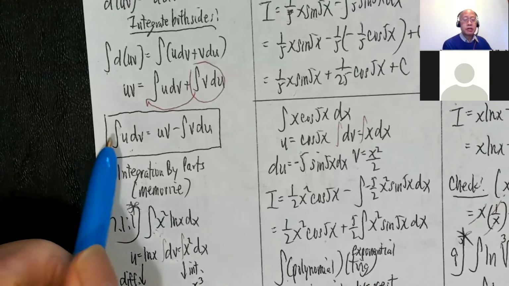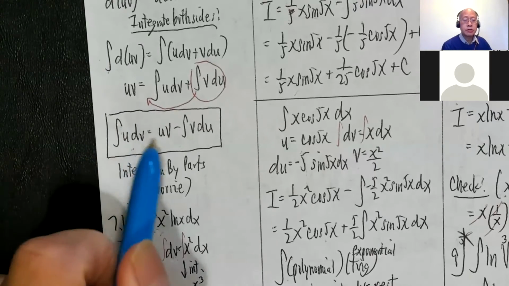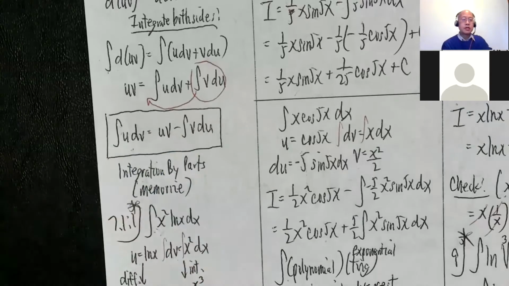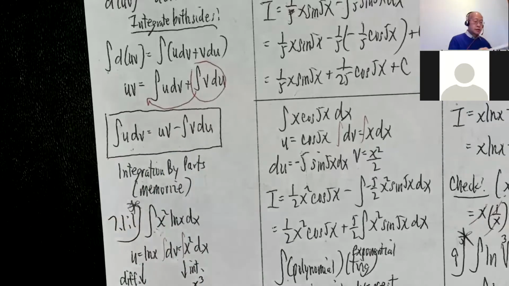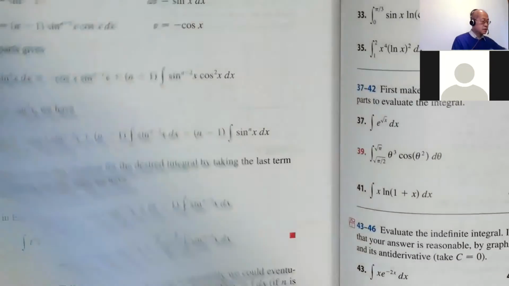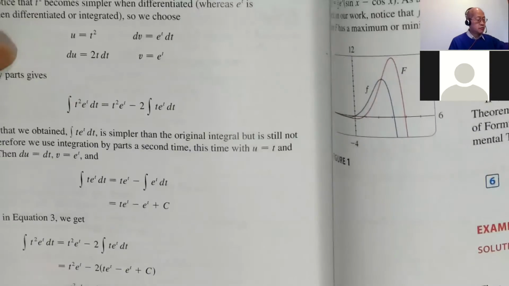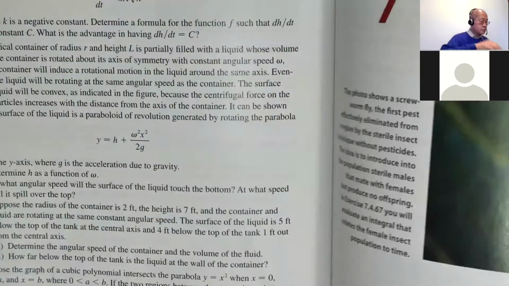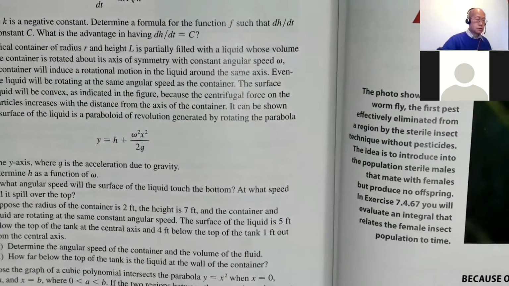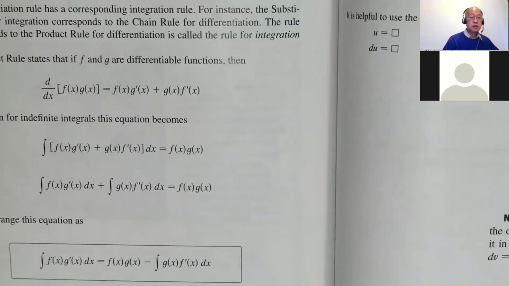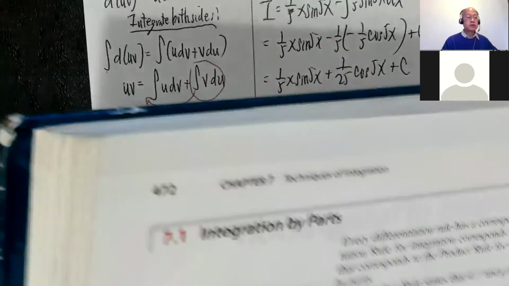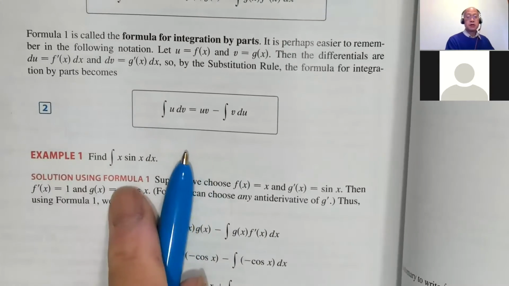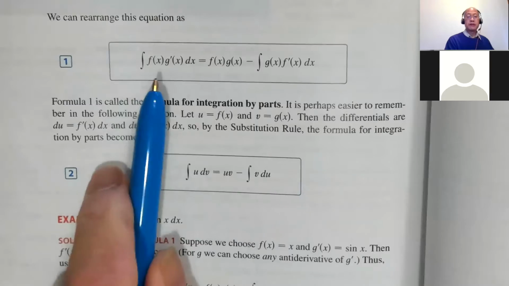All right. Integration by parts formula. Integral of u dv equals uv minus the integral of v du. This is the same thing as in the text, in case you want to see it. Page 472. Same thing. I would say don't even look at this one.